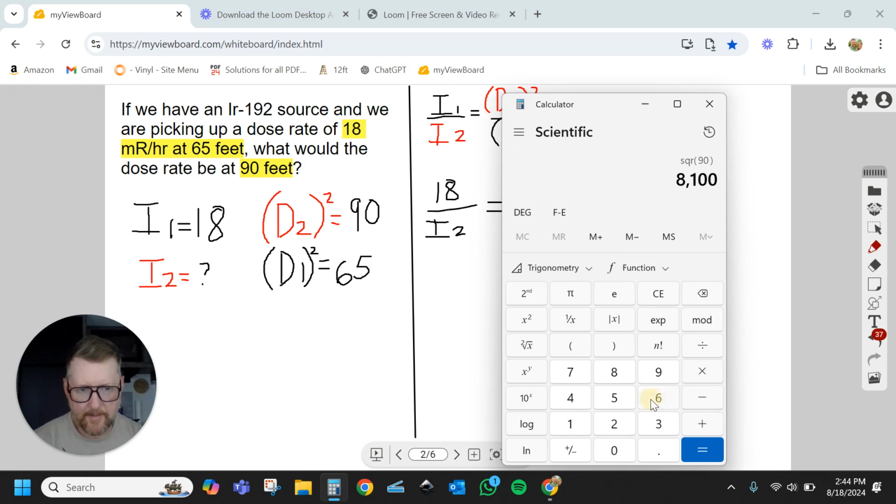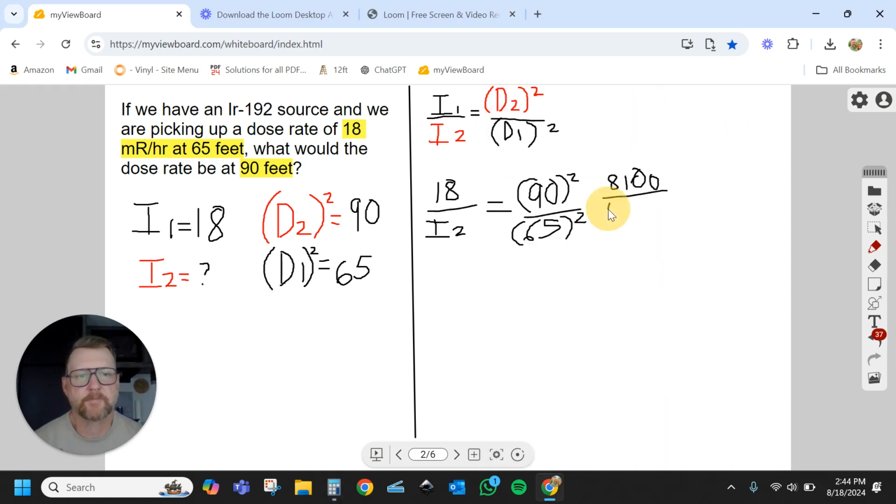So you can also do it that way. 65 times 65 is 4225. So that leaves 18 over intensity 2 equals 8100 divided by 4225.